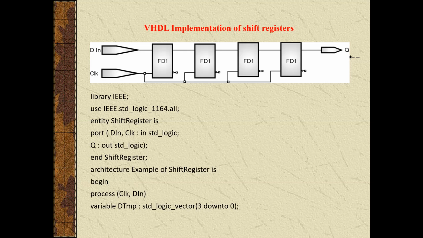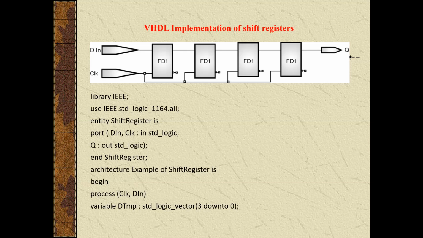So now we have to declare the variable here. Variable DTMP is nothing but std_logic_vector (3 down to 0).